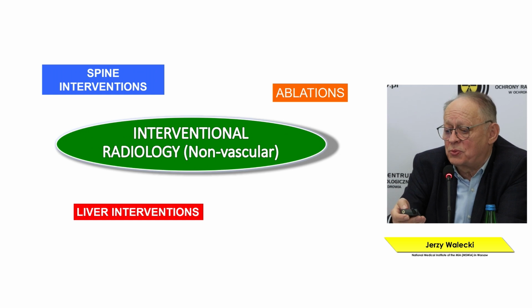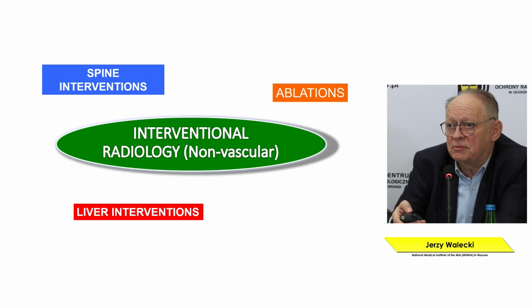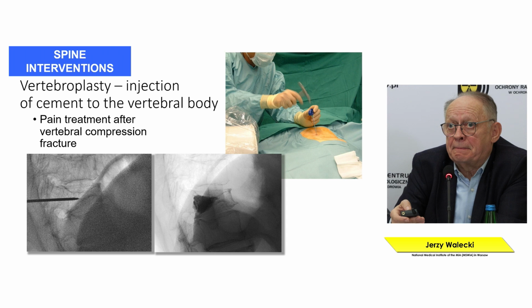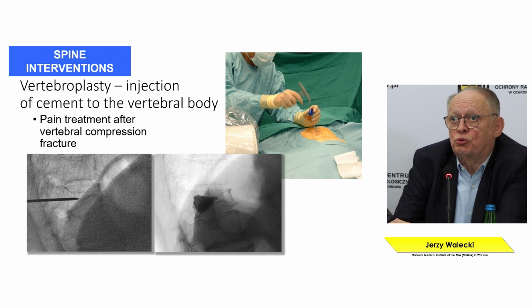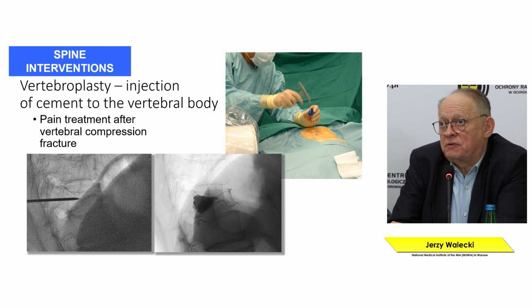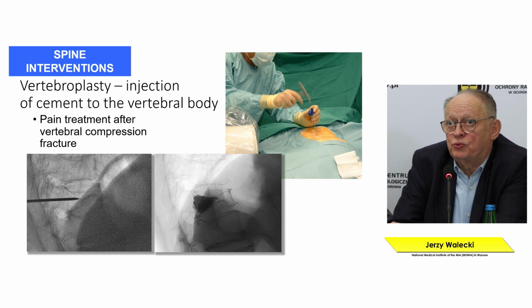These are the interventions applied for different pathologies of, for example, the spine. Let's start with the spine. It's interesting to all of us. Most of us are affected by such problems. It is used in patients with advanced osteoporosis.